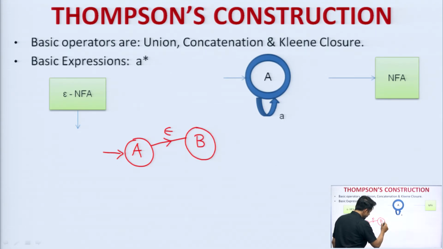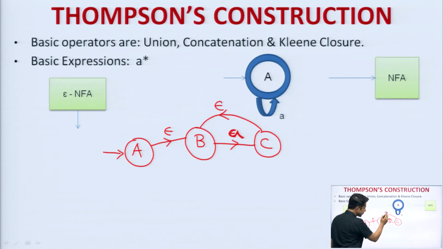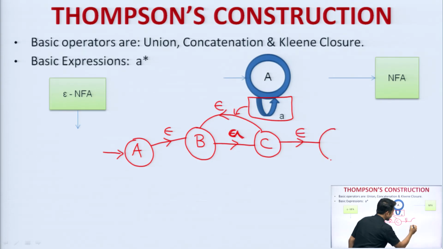Let me take a state, here the state A, because the input alphabet is A. I will take another state C. From the state C to B, I will take an epsilon transition. This means A epsilon, A epsilon, A epsilon, in some way it will act as a loop. So, this particular thing is being replaced by this concept. Then followed by another epsilon to reach a final state, say D.